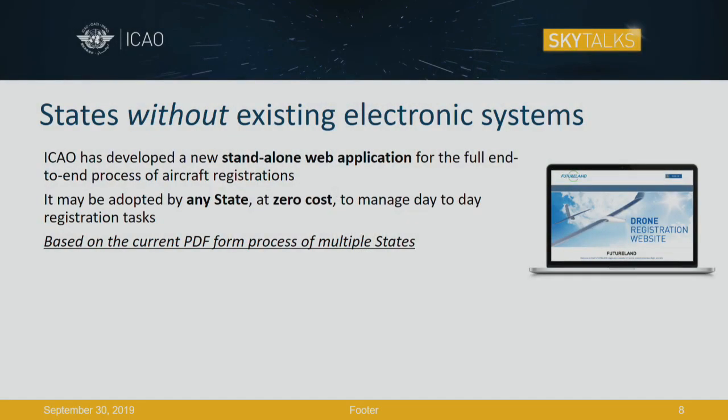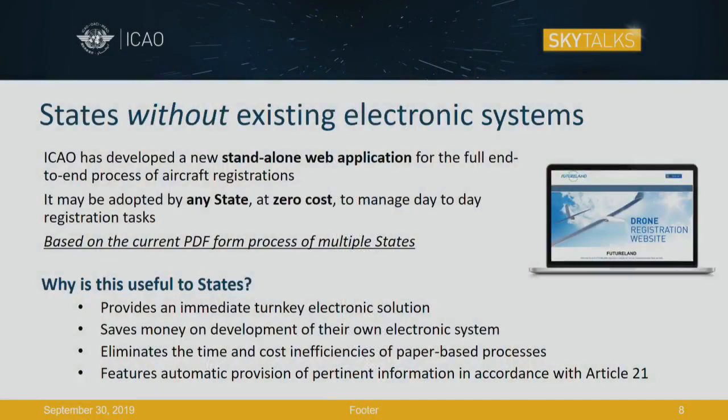It's based on current PDF processes that we've data mined of multiple states. All those are accessible if you visit CAA websites. So we've amalgamated the data to provide kind of the best version of what all the states have combined. However, it is important to note that that can be modified, so the demonstration you're about to see is just the first iteration.